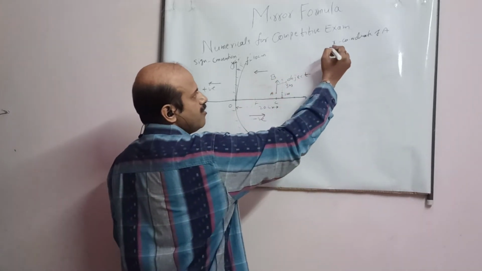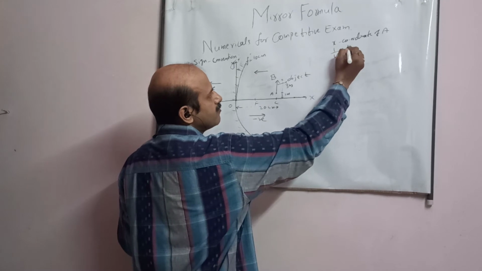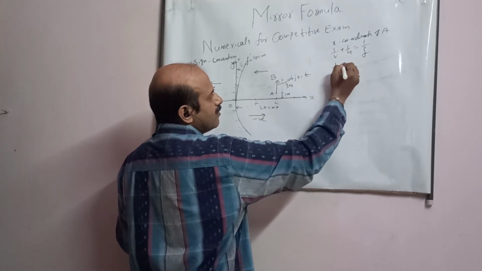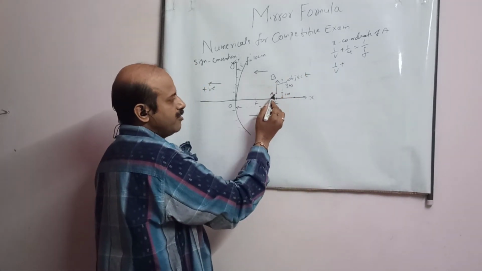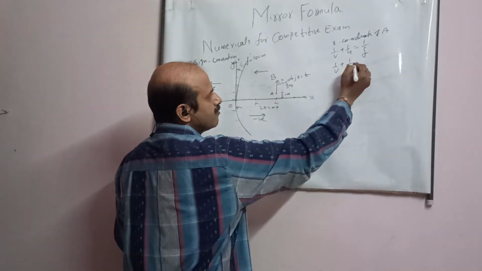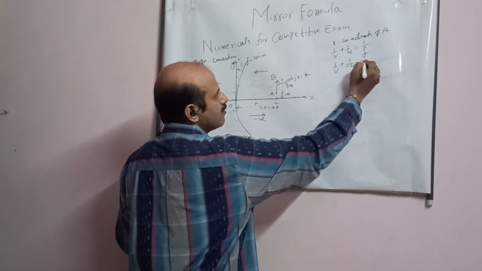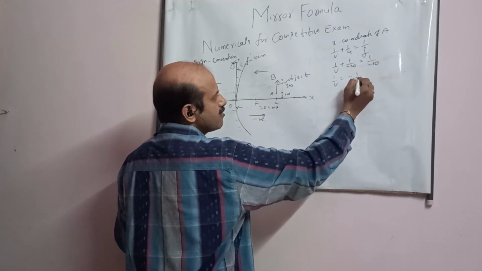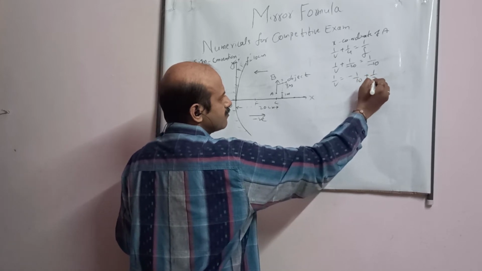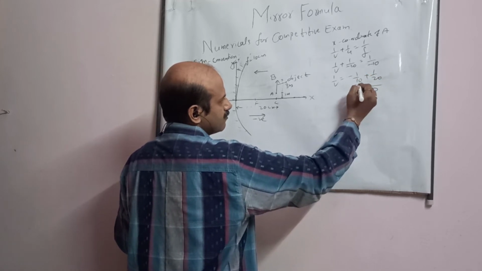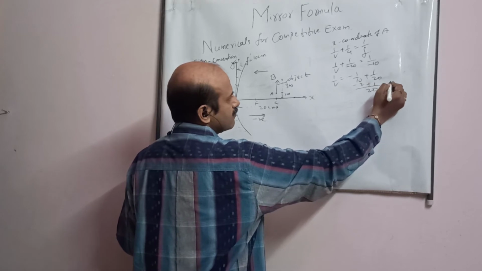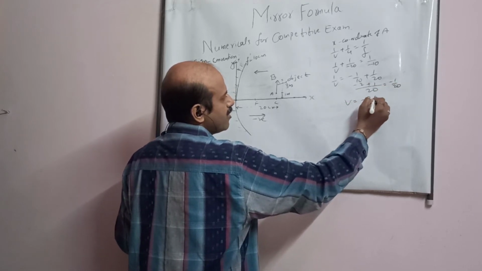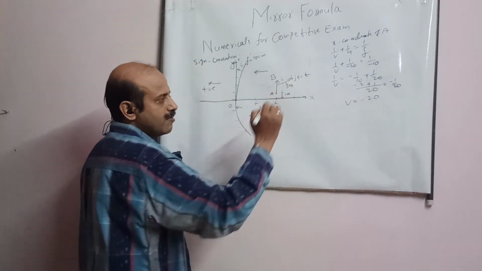Again I will use the same formula, student. In this case u is minus 20, f is minus 10. So if I calculate this, student, v comes out to be minus 20. What is the meaning of this minus sign, student?